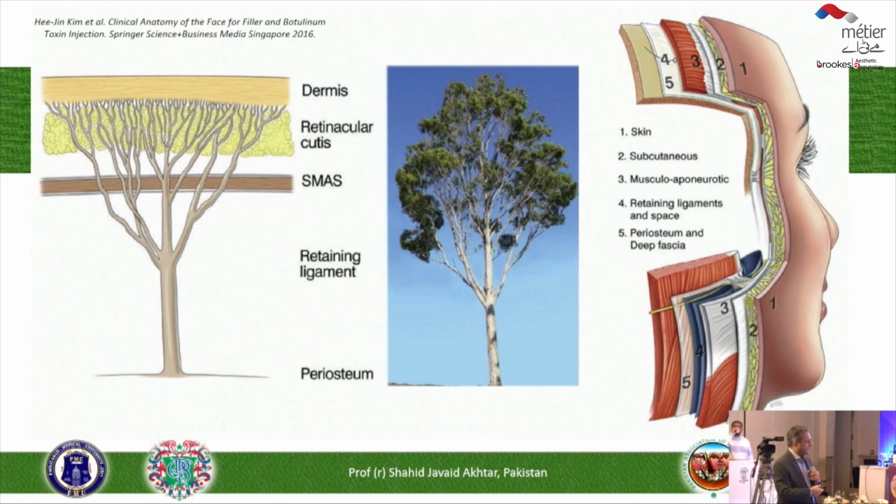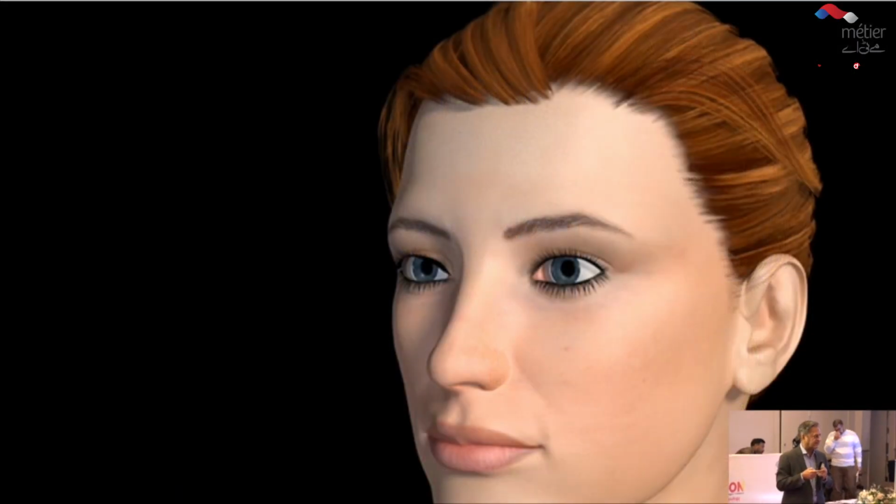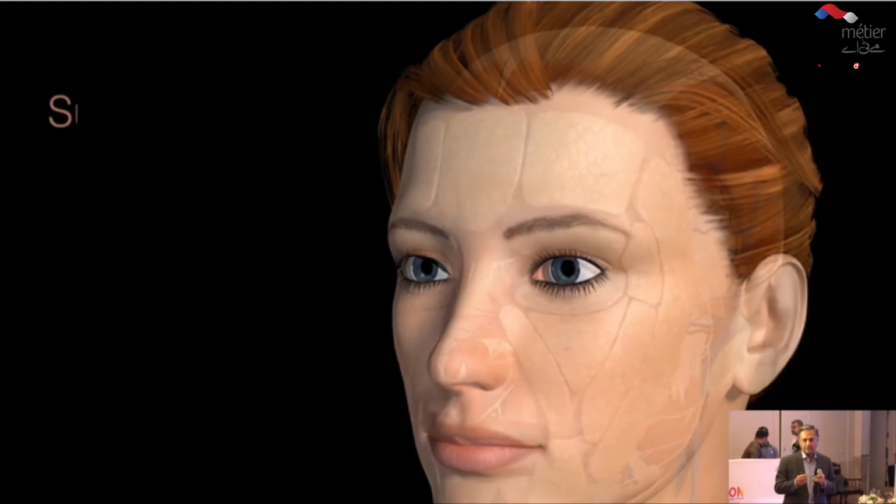The retaining ligaments classically resemble a branching tree. On the deeper side, they have thick fibrous bands, but as they approach the dermis, they become thinner and thinner, and then they intermingle with the reticular dermis. These fibrous bands keep these 5 layers attached to each other, but at the same time allow some movement.